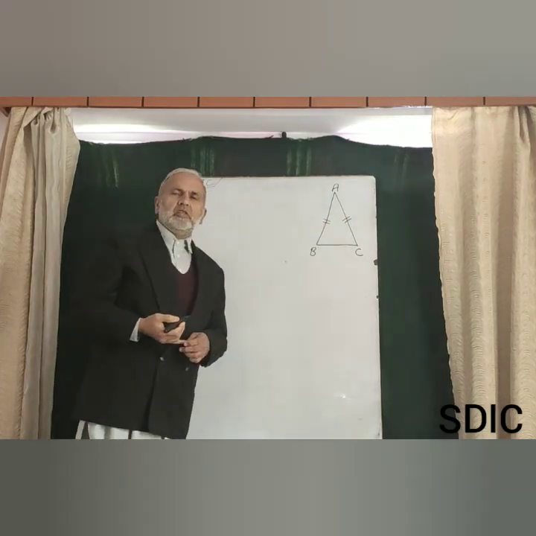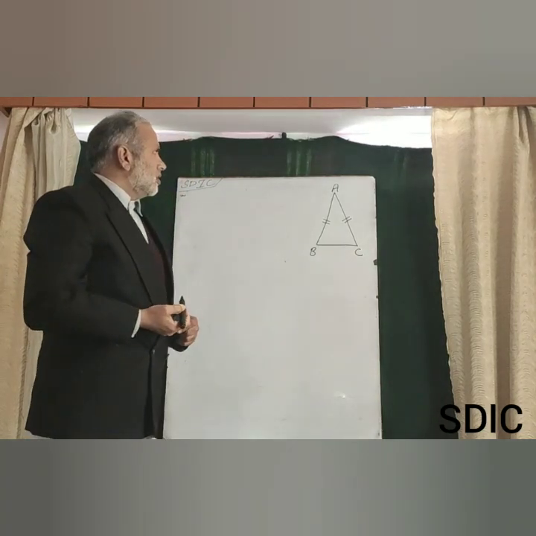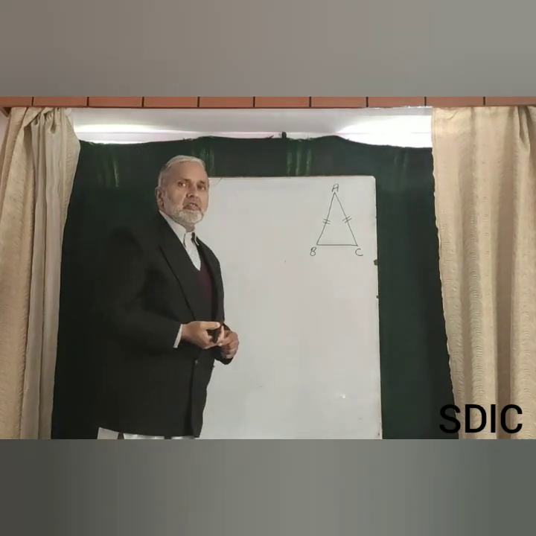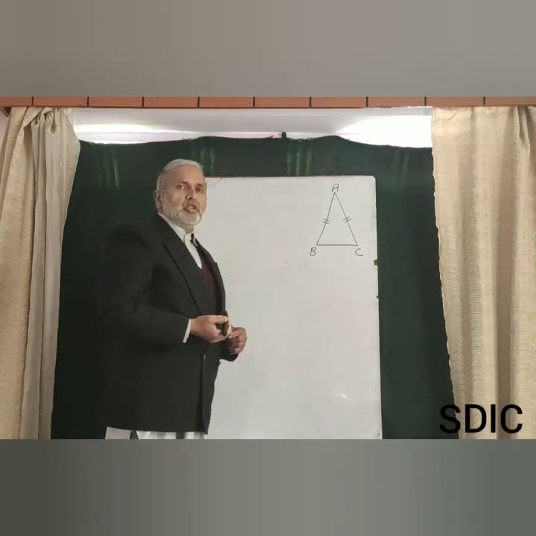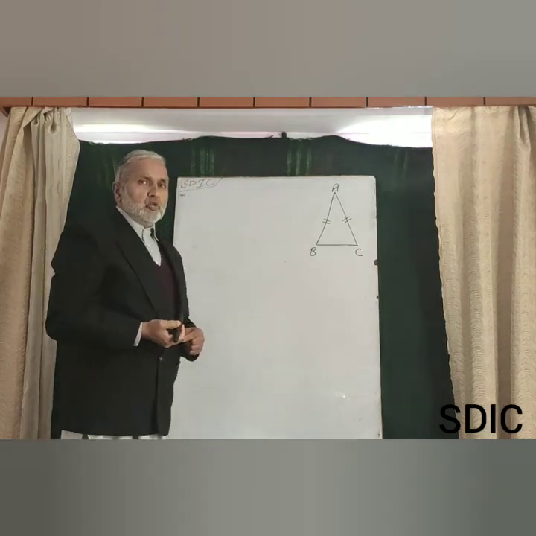Two sides are of equal length. Now these sides have been shown by two short lines on the sides. Then according to the statement, their opposite angles are equal.